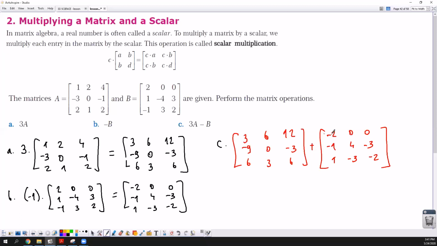So directly 3 minus negative 2, which is 1, 6 minus 0 is 6, 12. Negative 9 plus negative 1 is going to be negative 10. Then 4 and negative 6. For the last row we have 7, 0, and 4. Okay. We got it.